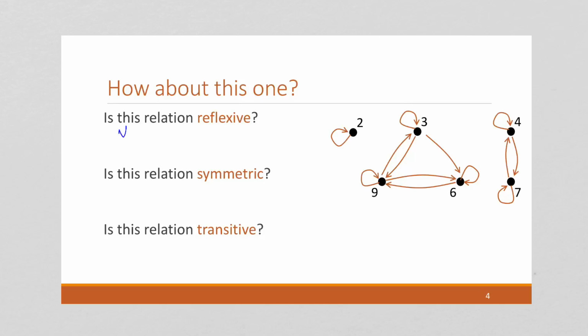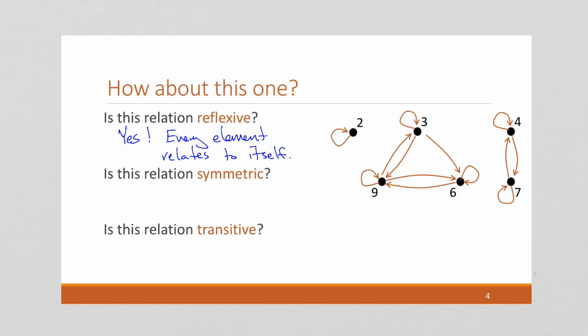Yes. Every element relates to itself. There's still a self loop for every single one. Removing that one arrow from 6 to 3 did not change that.